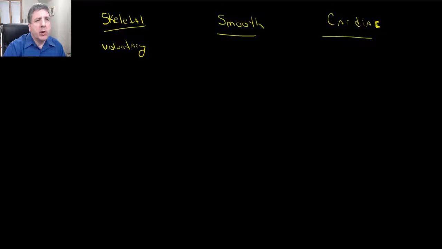And let's just go straight across on each one of those. Smooth muscle is going to be involuntary, meaning you don't have control over if it contracts, when it contracts, or how fast it contracts, okay? Anybody who's had to go to the bathroom really, really bad realizes you have no control over smooth muscle contraction.